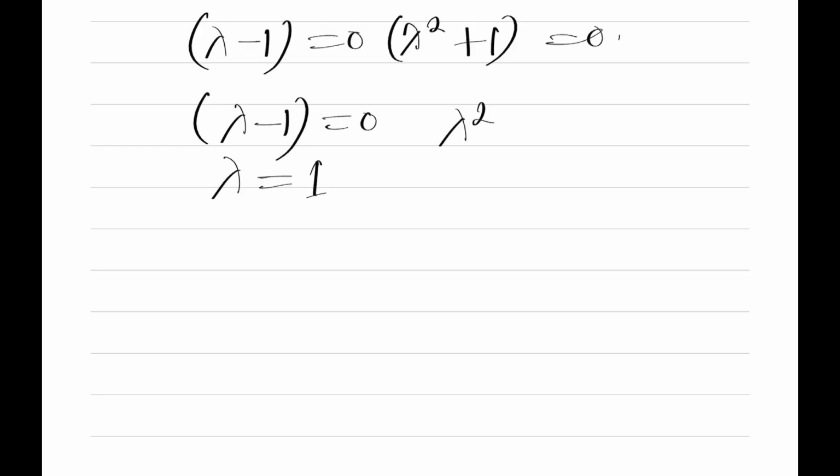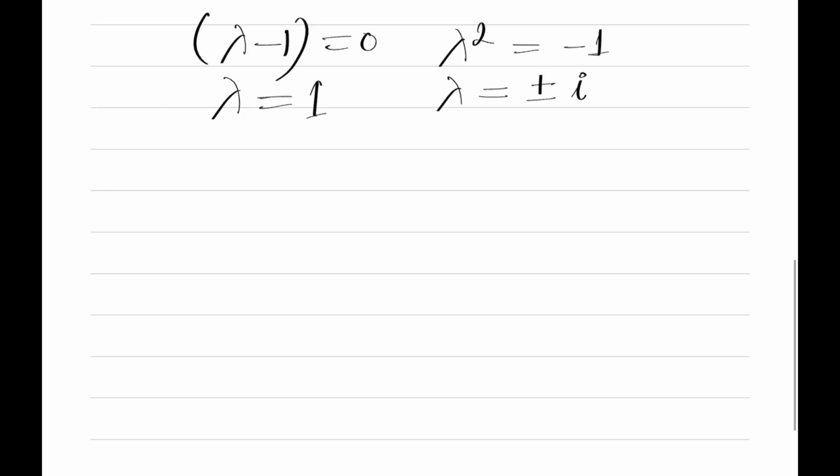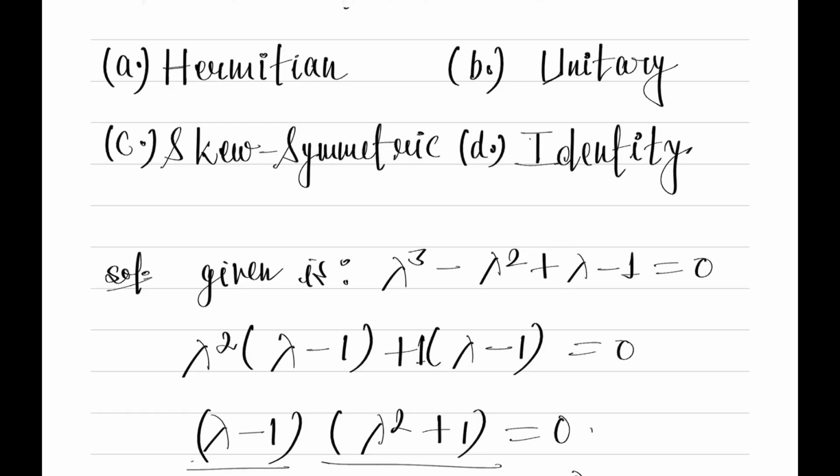Lambda square is equal to minus 1, and then lambda is equal to plus minus square root of minus 1, which can be written as i. Now we have our lambda values as 1, plus i and minus i. Now we have to check the options.